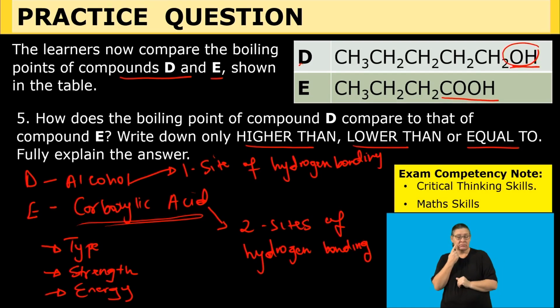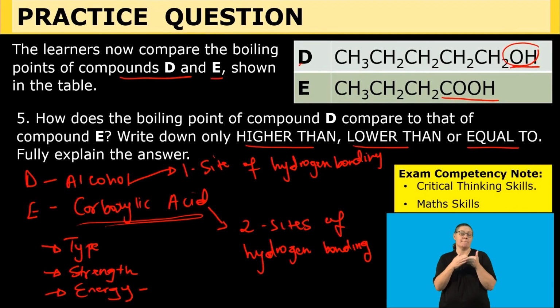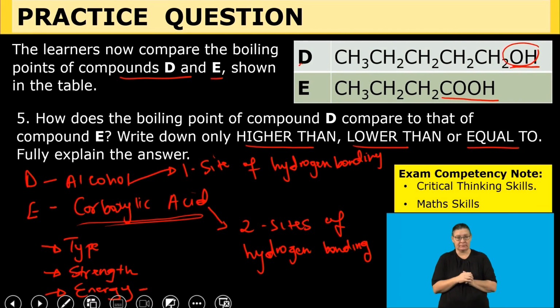Now we have a clue between the two that the carboxylic acids have two sides of hydrogen bonds, whereas the alcohols have one side of hydrogen bond. So that gives you a clue on which one is stronger than the other. And because of that, which one is going to require more energy to overcome those intermolecular forces? So now let's respond to the question.